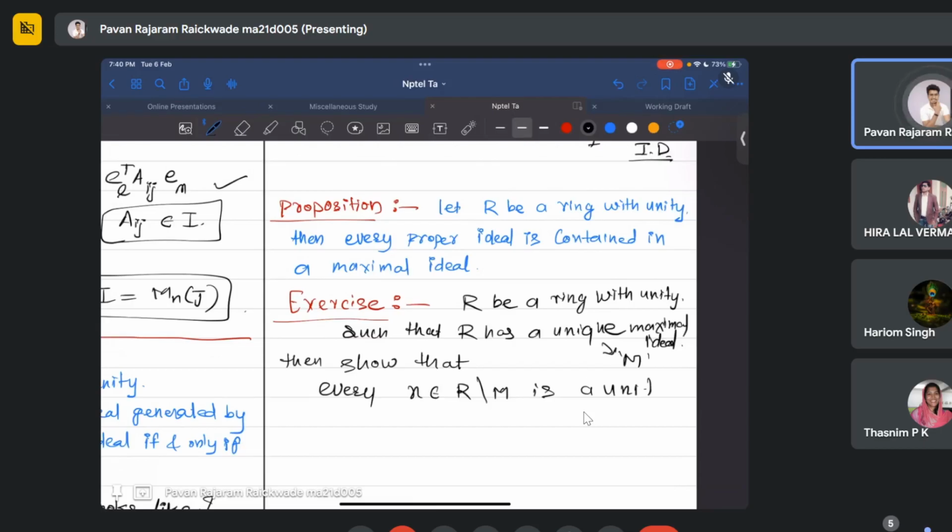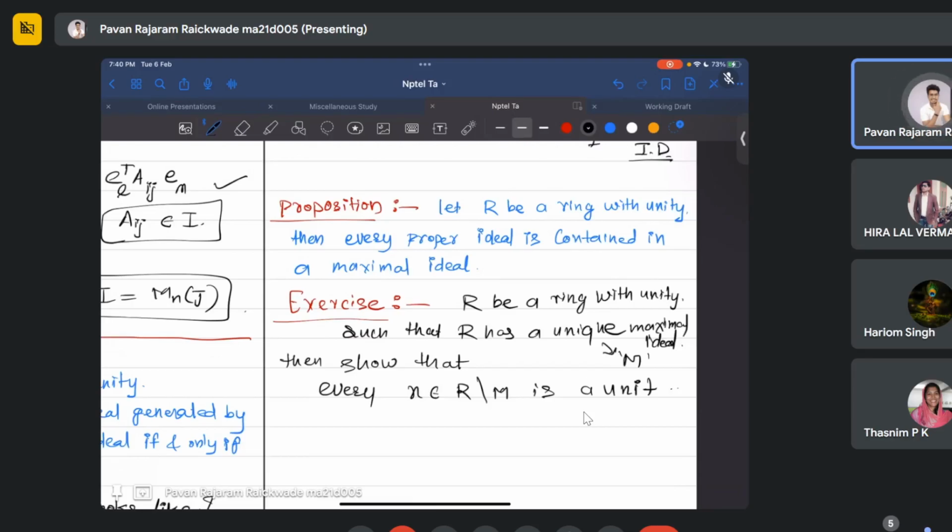So basically every element outside this maximal ideal is a unit. Okay, so I'll leave this as an exercise. You can use this proposition to solve this exercise.